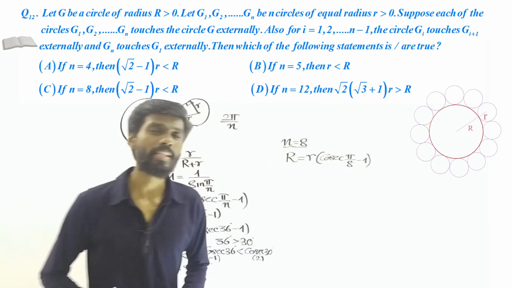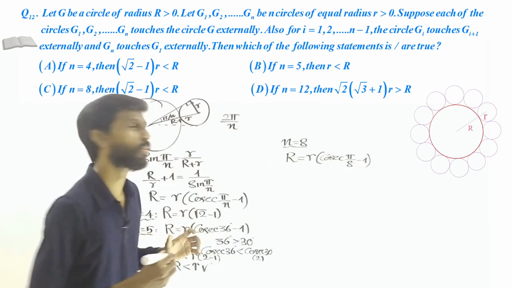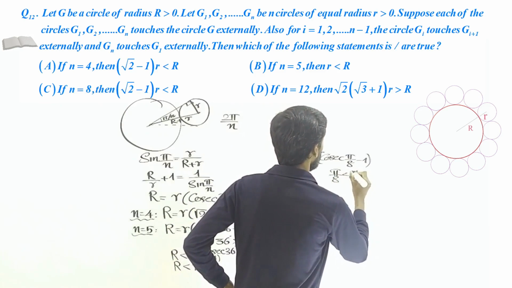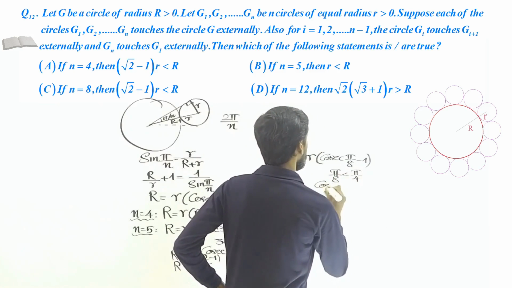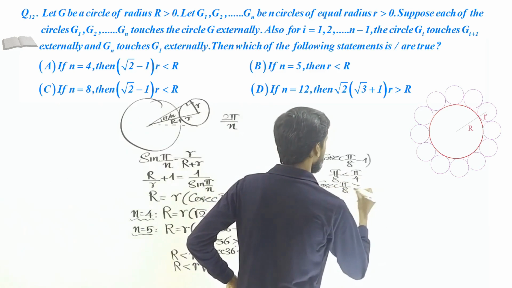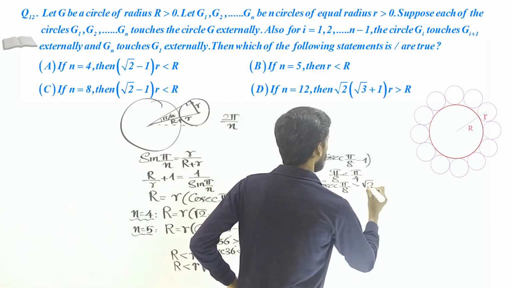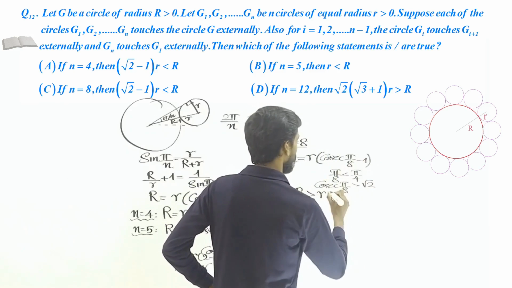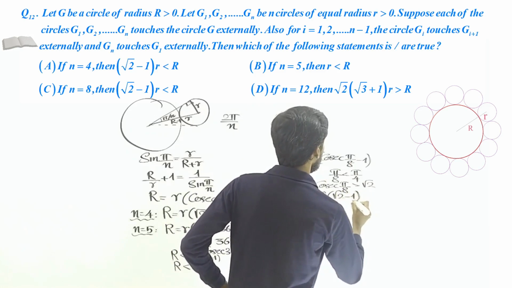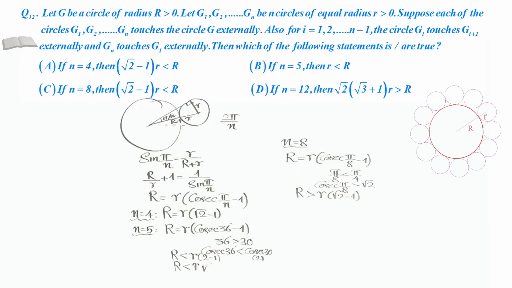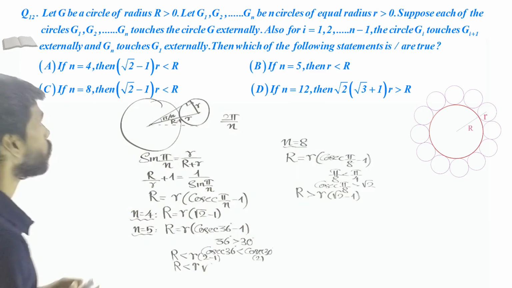So pi by 8 is less than pi by 4. So cosecant pi by 8 is, again the inequality changes, greater than cosecant pi by 4, which is root 2. So capital R is greater than small r multiplied by root 2 minus 1. So that is what is given. So no problem with that.